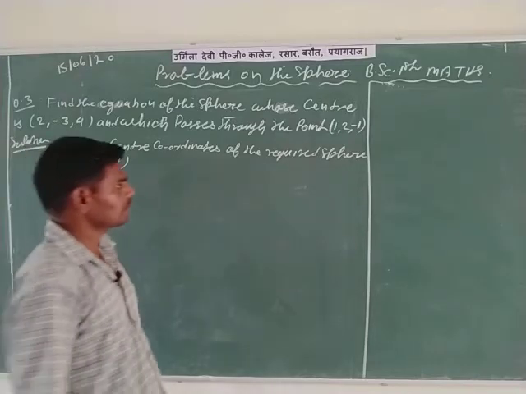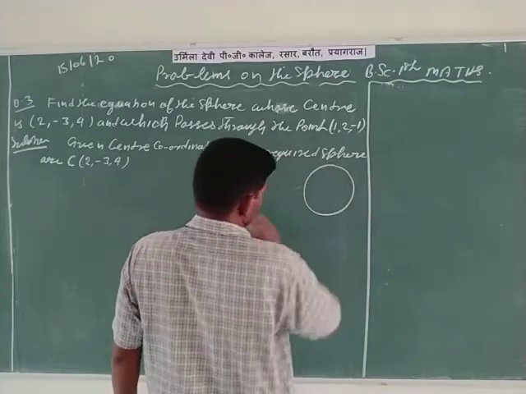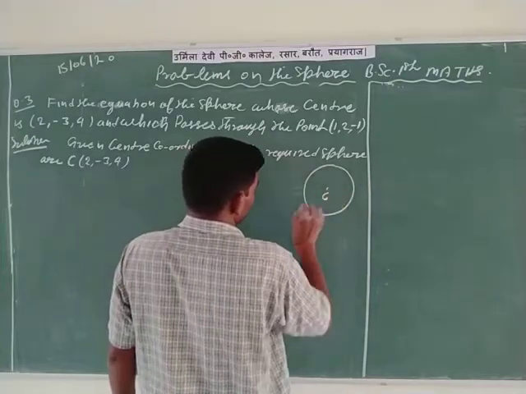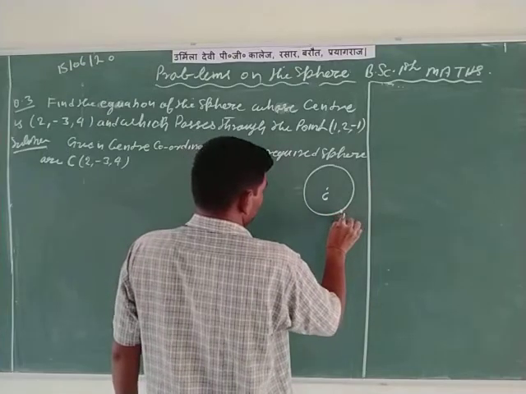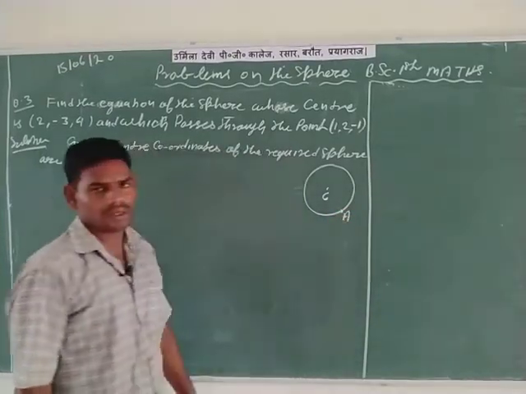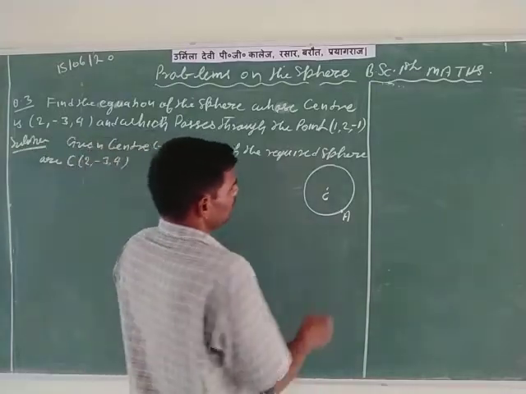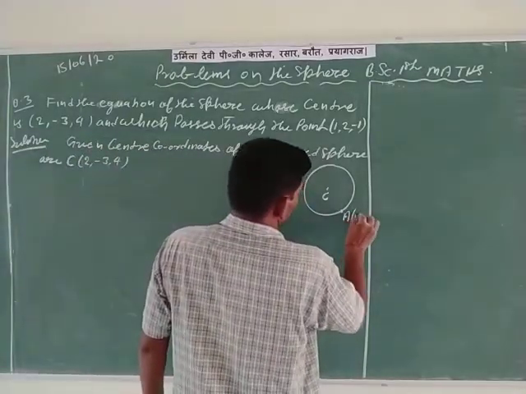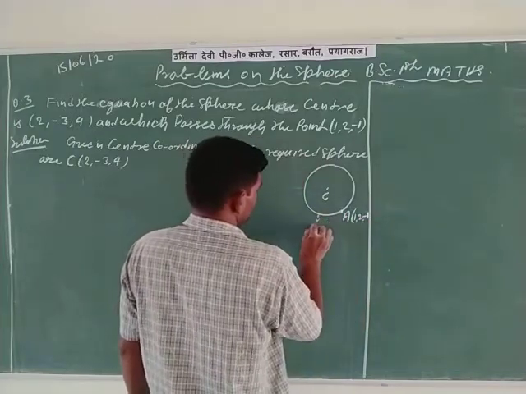First draw a figure. This is point capital C, and suppose that here is point capital A through which the required sphere is passing. So coordinates of A will be 1, 2, -1, and this is the required sphere.